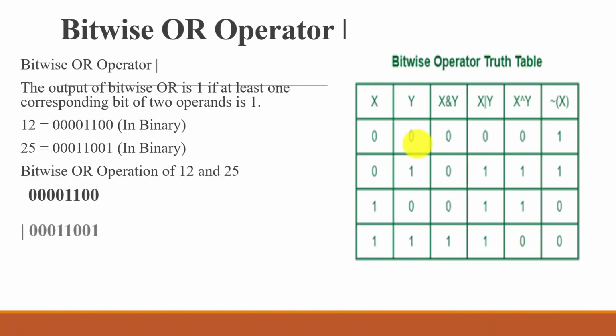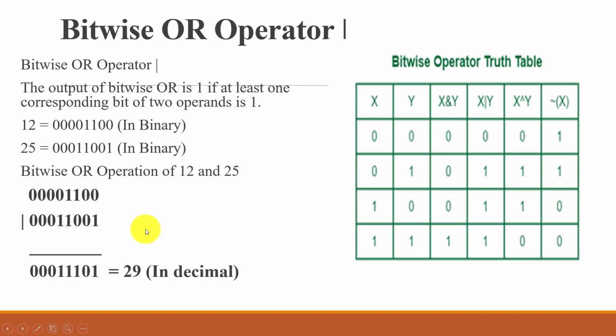So for 12 OR 25, we get the result 1 1 1 0 1, which is equivalent to 29 in decimal. As we know, if both inputs are 0 and 0, we get 0, otherwise the result is 1. So the result of OR is 29.